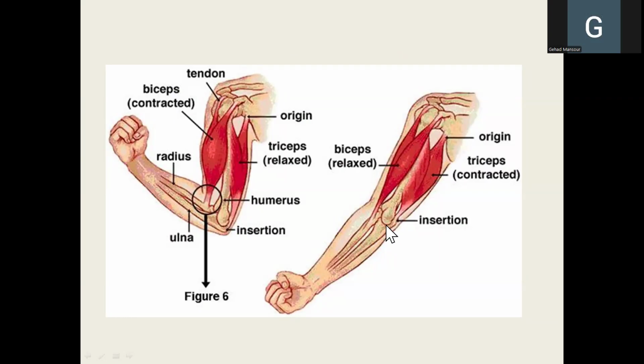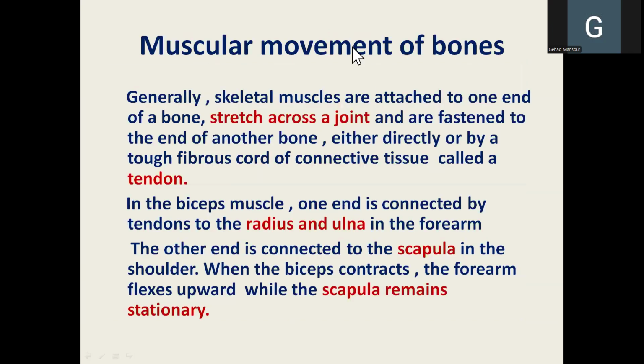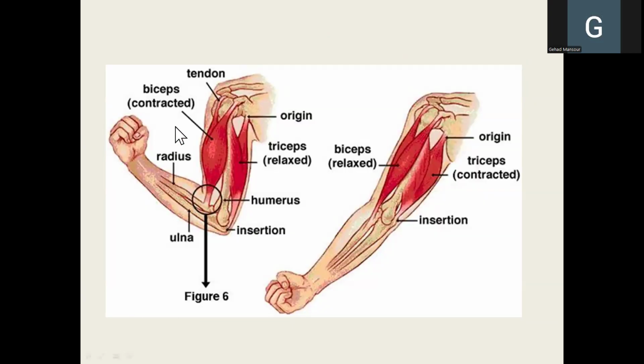On the other hand, if we want to extend or straighten the elbow joint, it is the triceps that has to contract. And in that case, the biceps must relax, because if the biceps does not relax, then the triceps will not be able to straighten the elbow joint. It's also important to know the origin and insertion of the biceps and triceps.